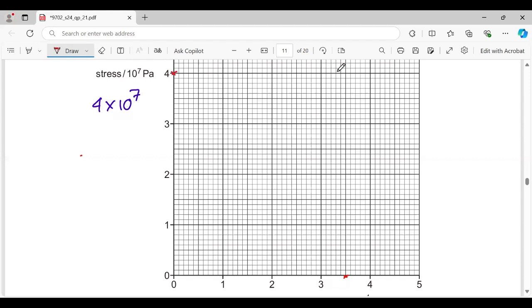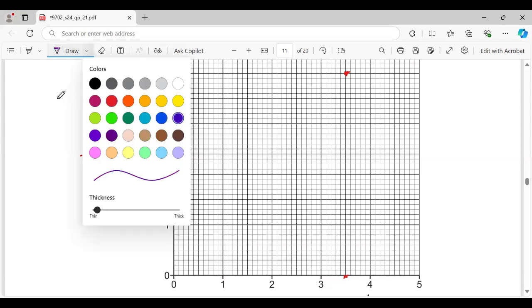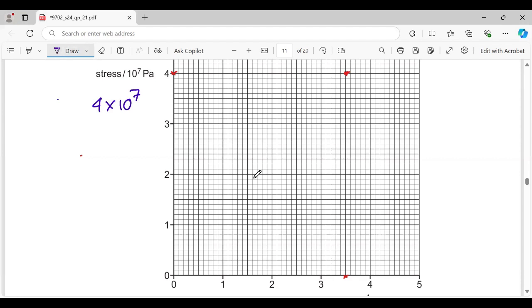So the coordinate point, yeah, this one is the coordinate point of 3.5 times 10 power minus 4 and 4 times 10 power 7. This is the coordinate point. Okay, and then we're going to create a straight line from origin to this coordinate point. Okay.